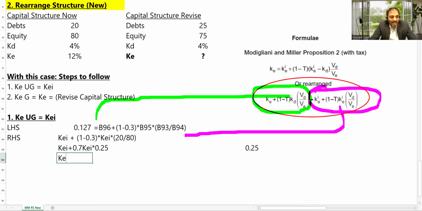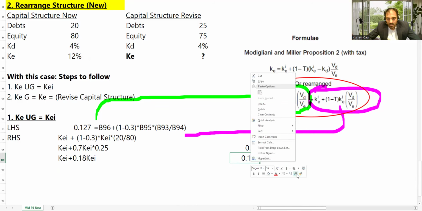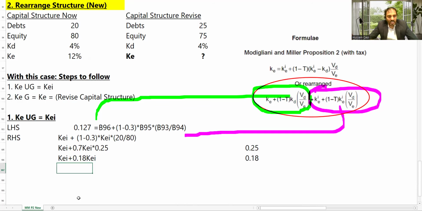Then KEI plus 0.175 KEI. Apply the BODMAS rule: first multiply 0.7 by 0.25, so this is 0.175. So here 1.175 KEI, that is 1 KEI plus 0.175 KEI.